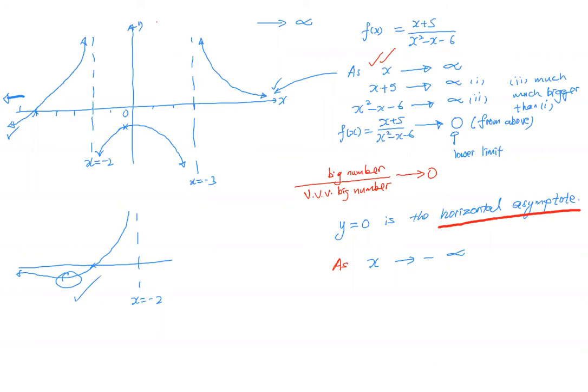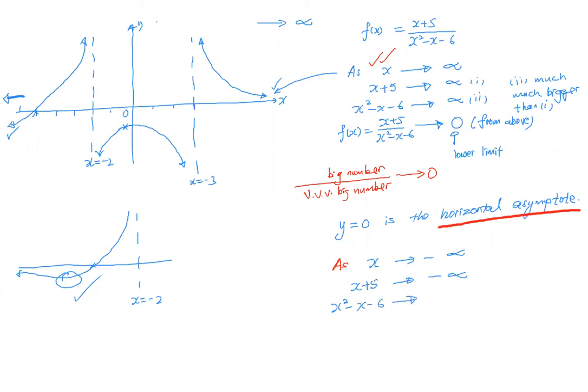So as x tends toward negative infinity, let's see what happened to x plus 5. It will tend toward negative infinity, right? What will happen to x squared minus x minus 6?